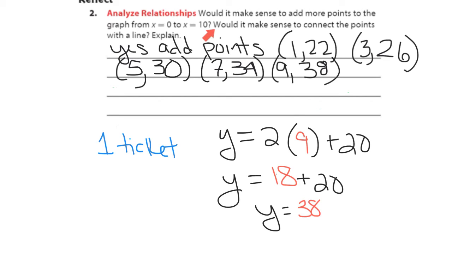Then it asks, would it make sense to connect the points with a line? Explain. Now, many students see that graph on the other side here in the last frame. They see that graph, and now we have all these points that form a line.